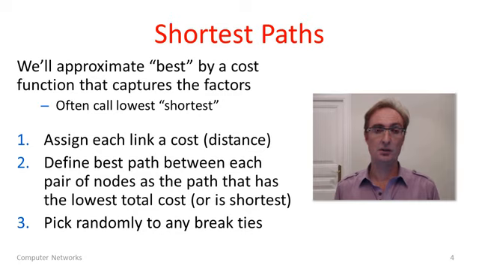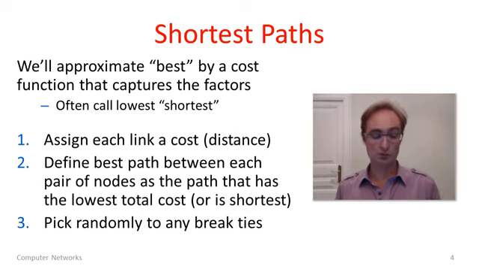Now, often we'll call the lowest cost path the shortest path. This is what you would get if you assigned the cost function to be the distance. Since this is a common choice in large ISP networks, I'll be a little sloppy and use cost or distance interchangeably, and we'll also use lowest or shortest interchangeably, so don't be too confused about that.